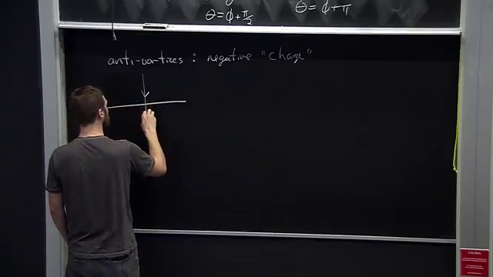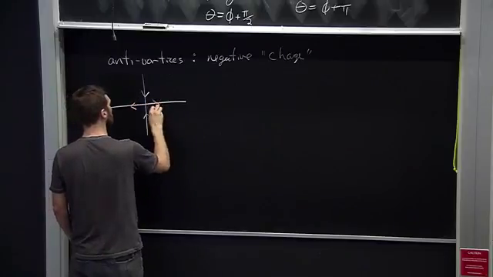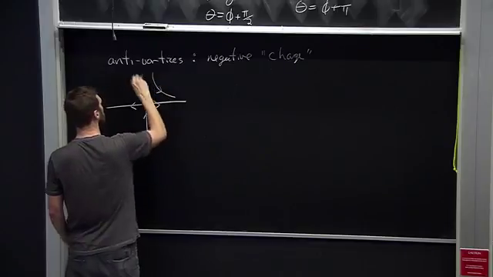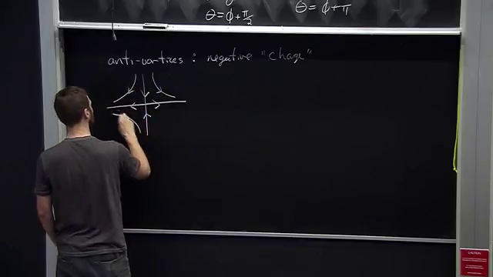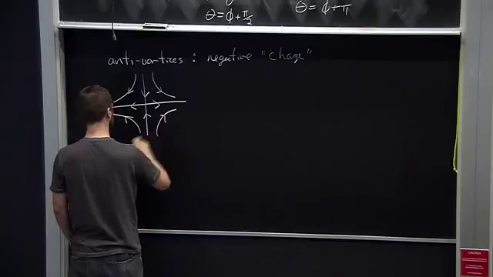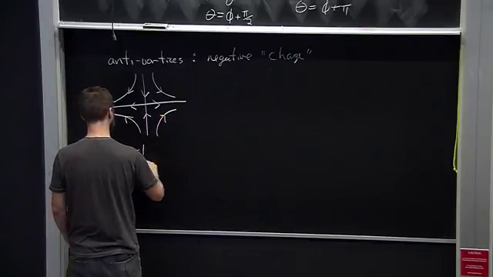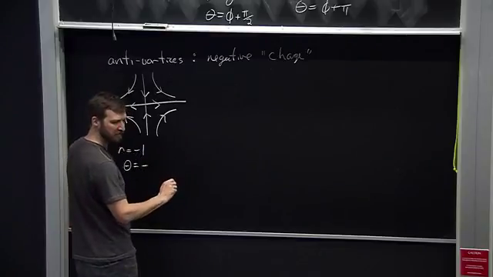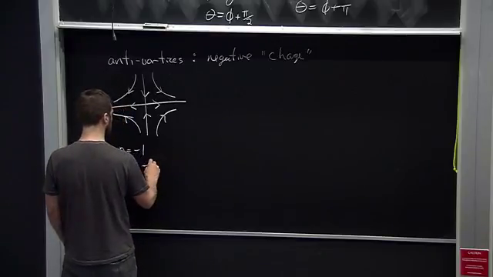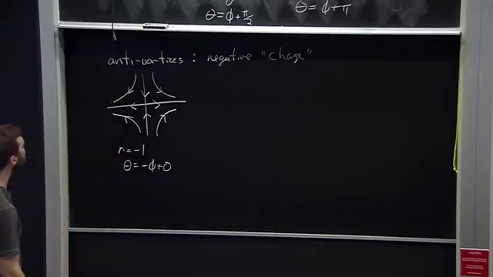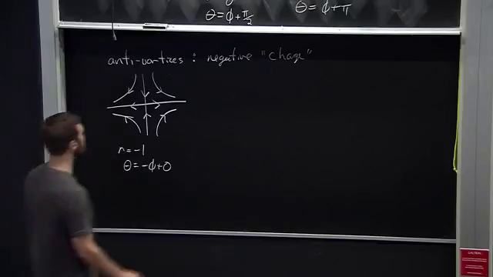How does this one look? It goes 2 in, 2 out, right? That's your anti-vortex, n equals 1, theta equals 0. So n equals minus 1, so theta equals minus phi. Is that right? Seems strange, but you can have different charges on these things.